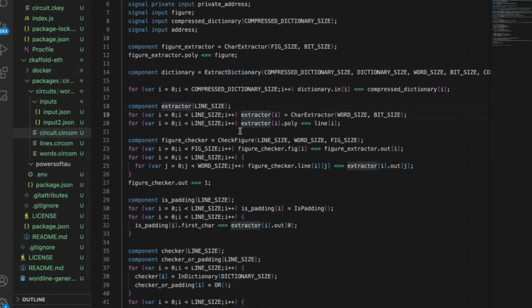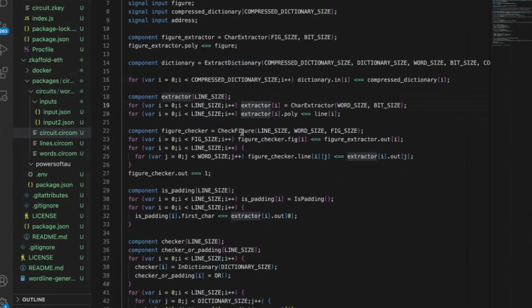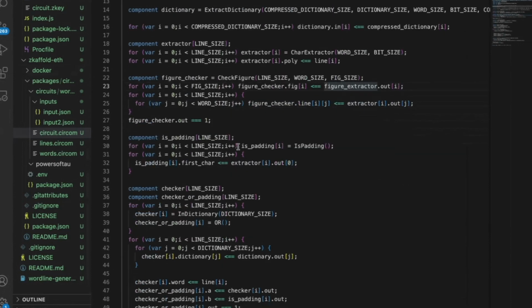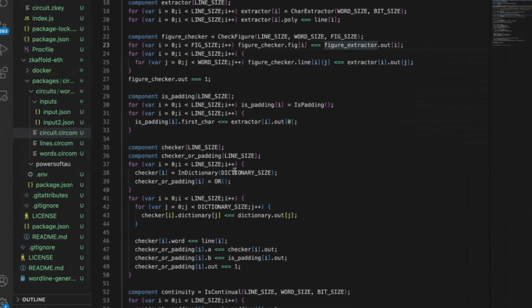Yeah, makes all of them the same representation so they can be checked. So you check figure, and then figure checker is called on all letters of the figure, it seems. And there's some padding check.